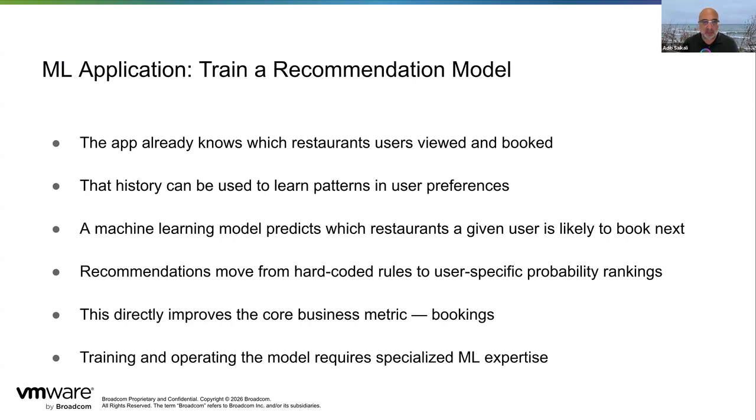And if I'm in a different city traveling, it can use that information. So recommendations move from being a hard-coded rule to a user-specific probability ranking, and this can directly improve the core business metrics. The downside is we need specialists in training machine learning models. For many years, this was what AI meant.